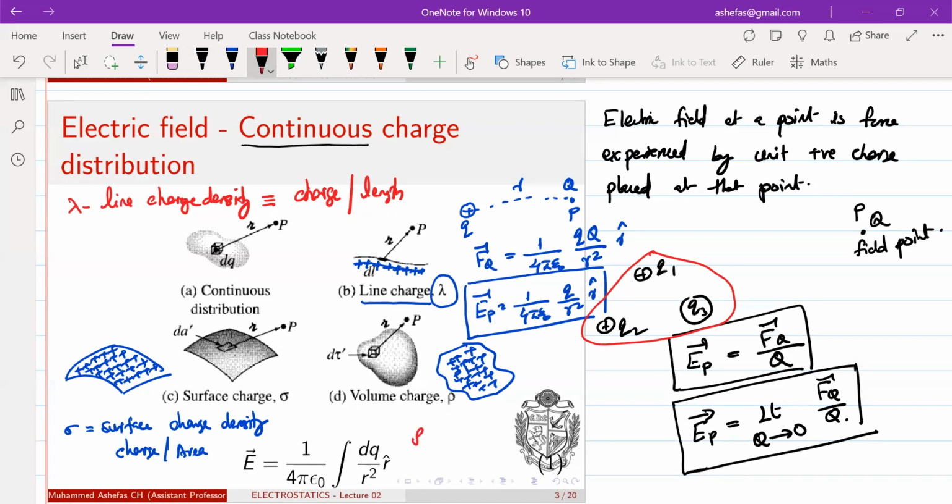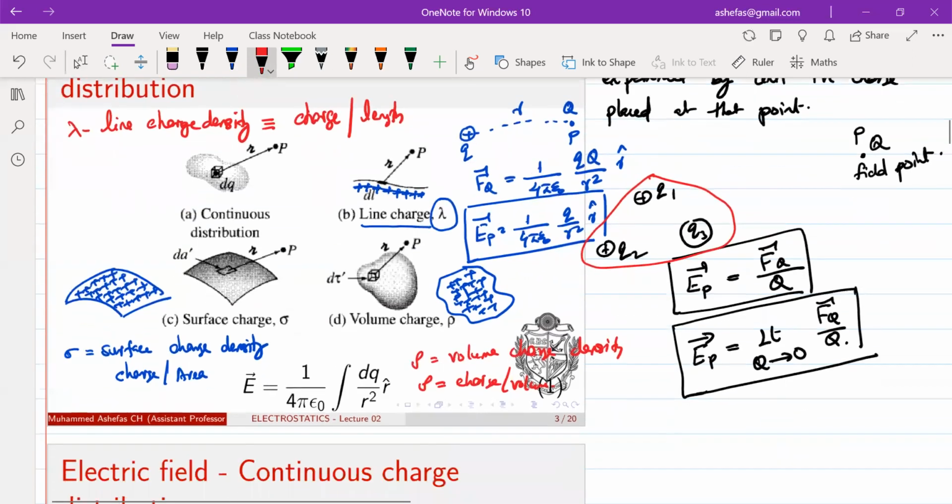So rho is called the volume charge density, and rho is charge per volume. Okay, so these are the three different types of continuous charge distribution: line, surface, and volume charge distribution. Now, in this lecture, we are going to discuss how we can find the electric field produced by such continuous charge distributions.